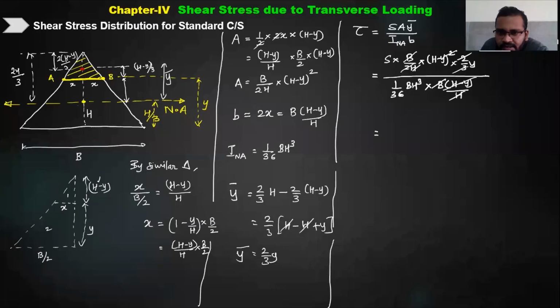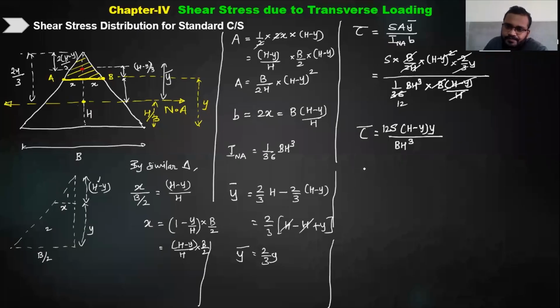If you divide by 3, here it will be 12. Now what is left? Can you write down what is left? It is S into (h minus y) into y. Nothing else is left in the numerator. In the denominator, everything else cancelled; b h cube is left and this 12. This 12 goes up, so what is left here is b h cube. Have you understood this?